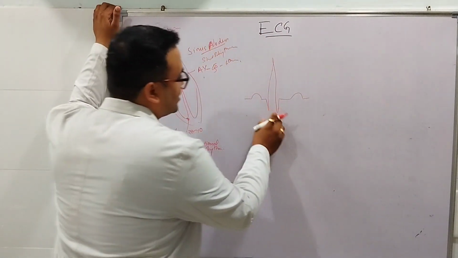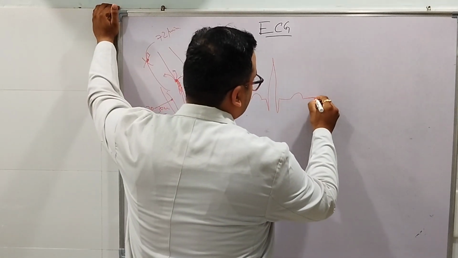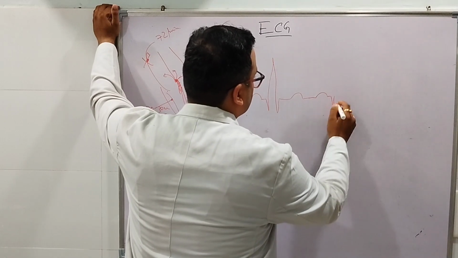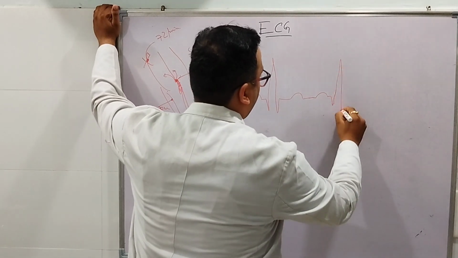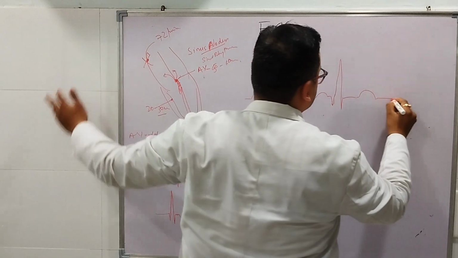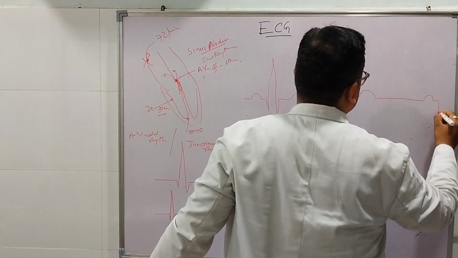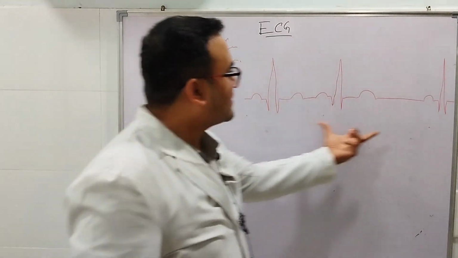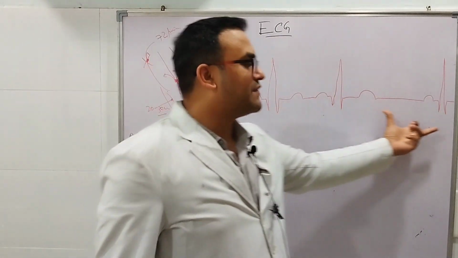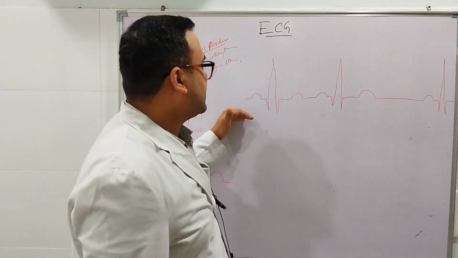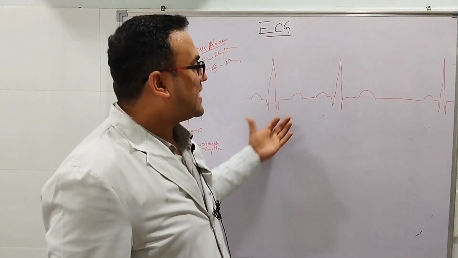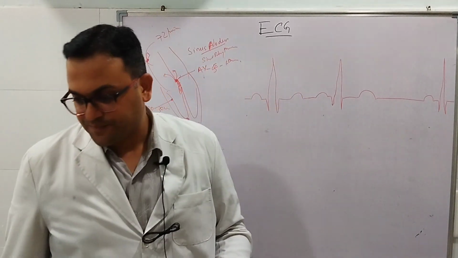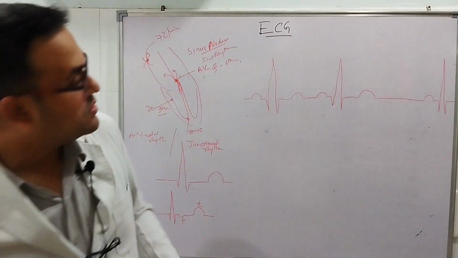There is a P wave, there is a QRS, there is a T wave. And sometimes there is a long pause and then this will start. So the RR interval varies, but it is again P followed by QRS followed by T, and this sinus rhythm we call sinus arrhythmia.